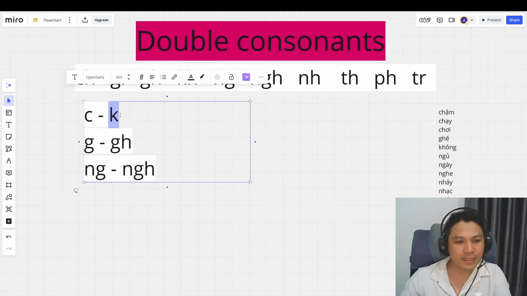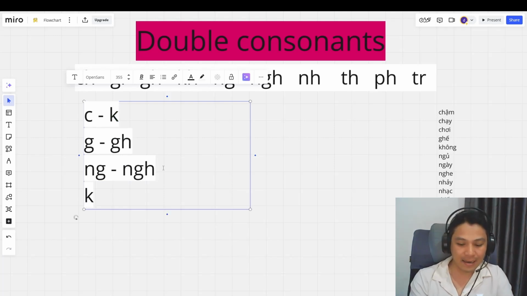Because three of these, we say this word g ga, and this one is g dài, and this one ng and ng dài too.